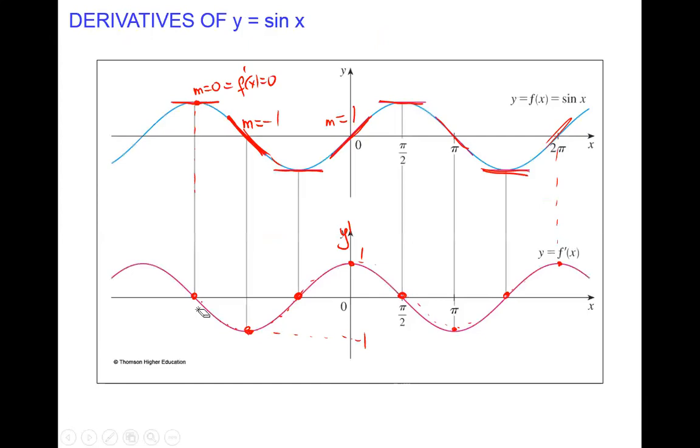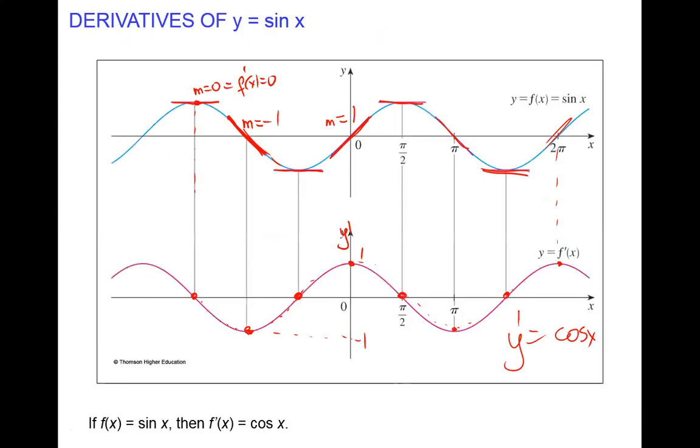Do you recognize this trigonometric function? Of course, it is cosine. That means this is cosine of x, the derivative of the above. This is one way to approximately get the derivative.